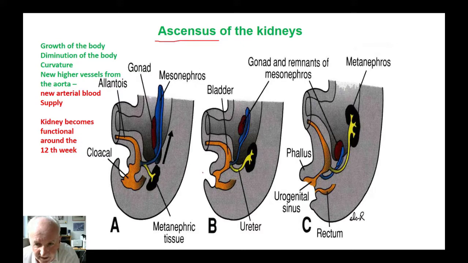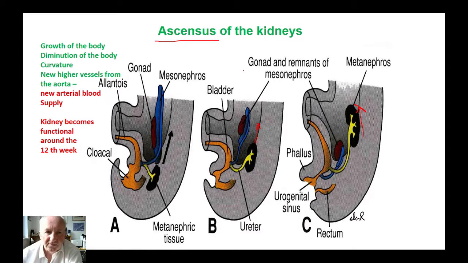And now the simple ascensus of the kidney coming in cranially in this direction, prolonging the ureter. You already feel the pelvic part of the kidney. Already here you see that the septum is dividing the cloaca into two parts.